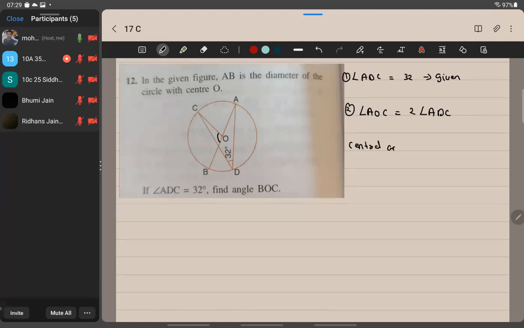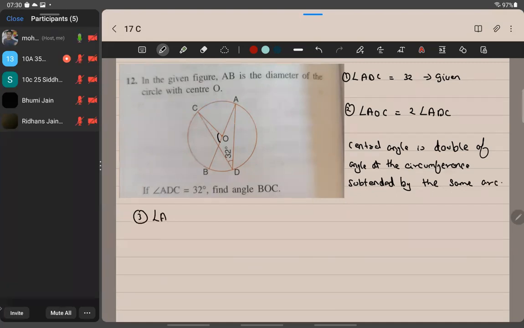Central angle is double of angle at the circumference subtended by the same arc.